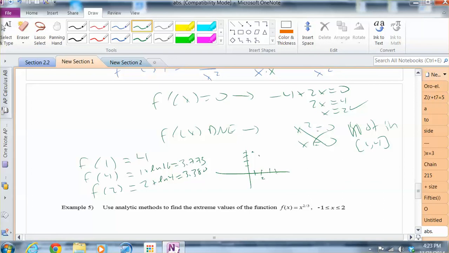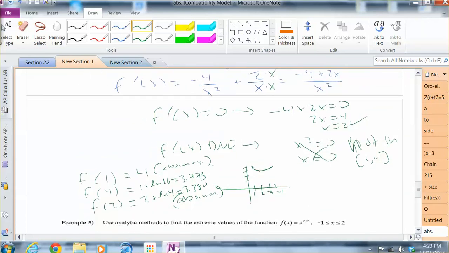So the graph kind of looks like that. So we see that we have an absolute max right there, and an absolute min right there, and the other endpoint's really nothing. Well, I guess we could call it a local max, but really we're just focused on the extreme values, the highest and lowest.